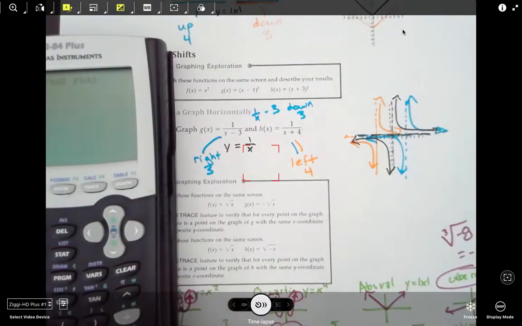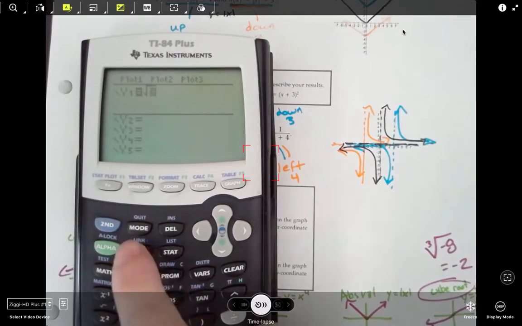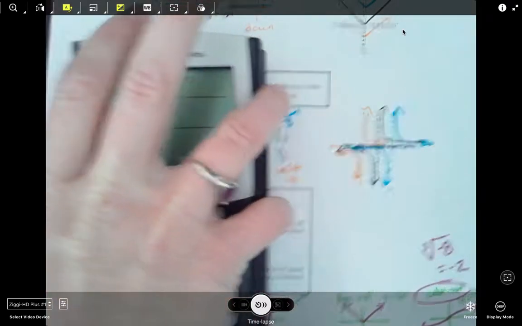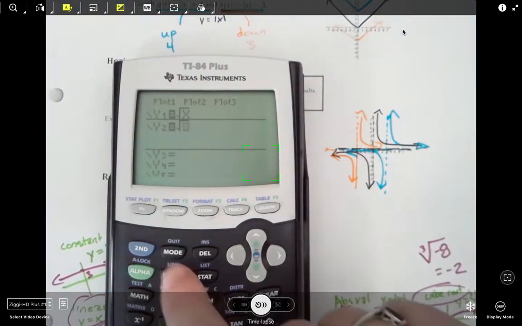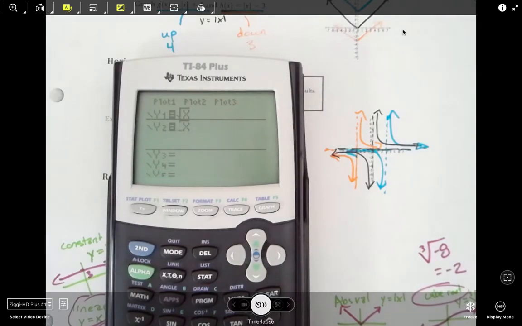You can just do second x squared. We're going to do the square root of x, negative square root of x. Insert negative, and go down, and then we're going to do square root of negative x.